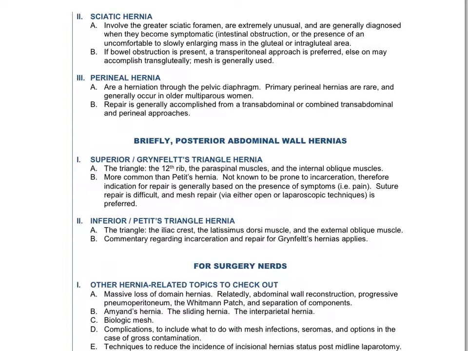That is bound by the iliac crest, latissimus dorsi muscle, and the external oblique muscle. Repairing these defects generally involves a prosthetic mesh. They used to do these with suture-type repair. However, given the fact that there's a bony margin to both, doing so is somewhat difficult.